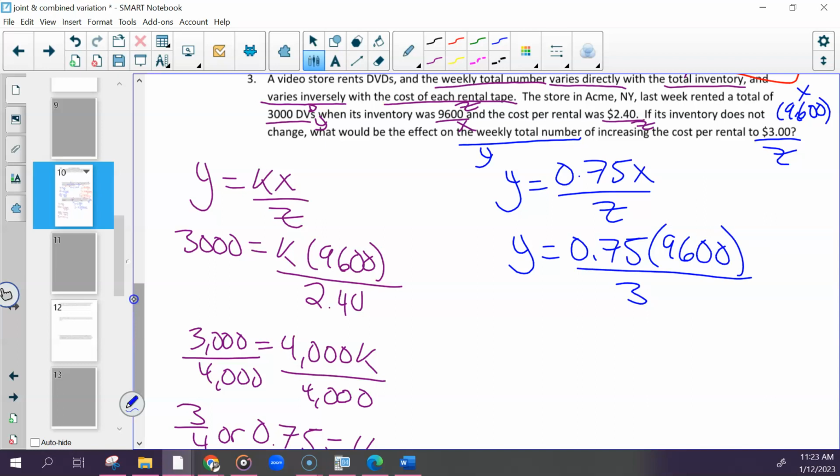You can put 3 or 3.00, either or, it does not matter. What would your Y value be? $2,400, yep.